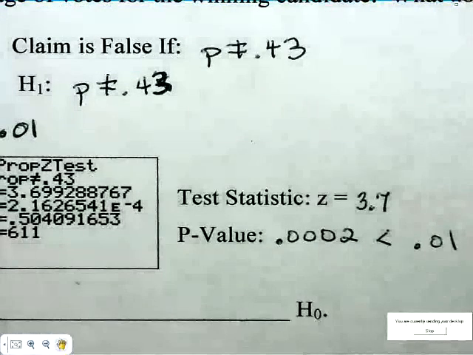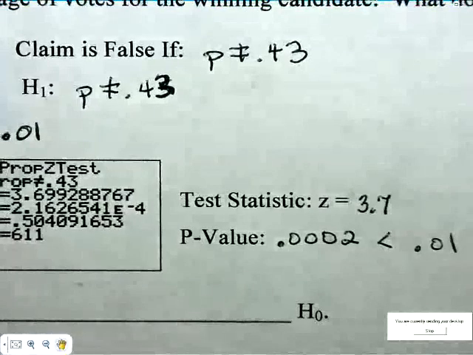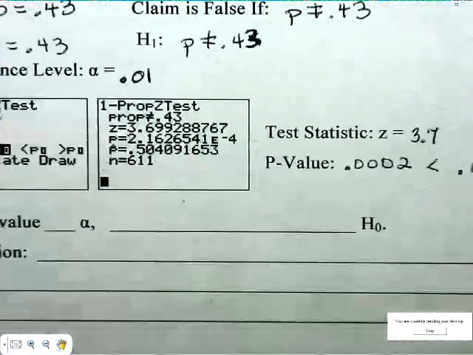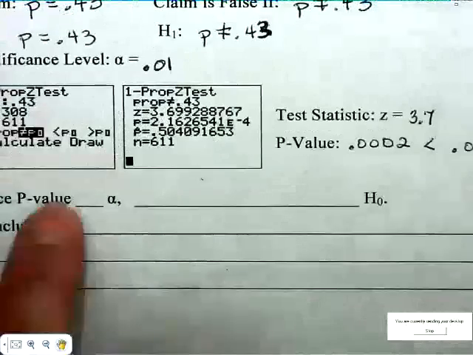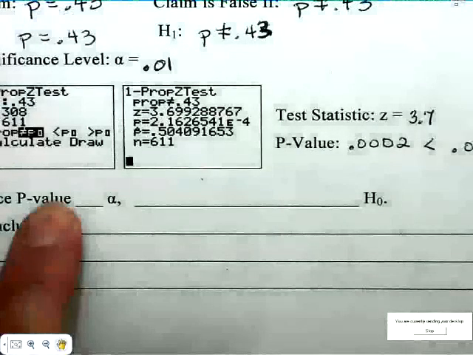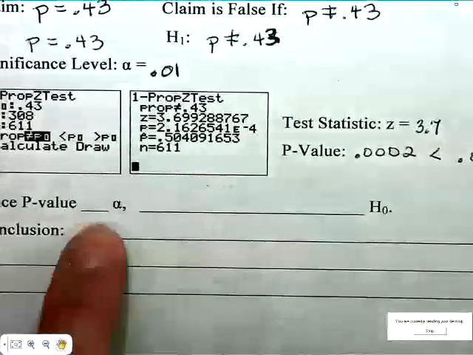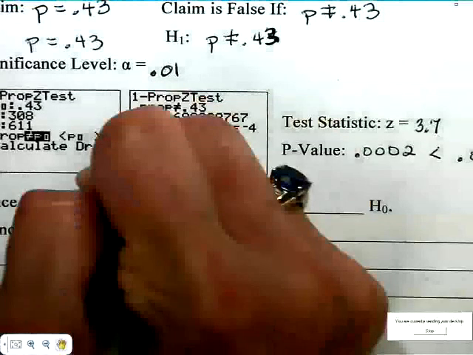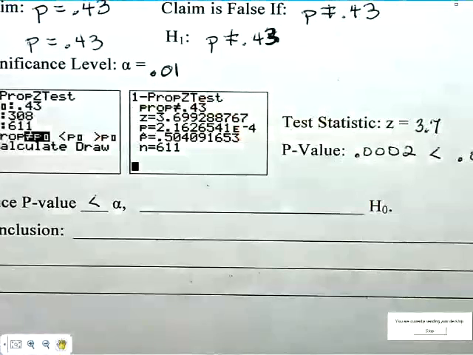So in step 6, say what that tells you about the null hypothesis. The p-value is what compared to alpha? It's less than alpha, so does that mean reject or fail to reject? Reject.